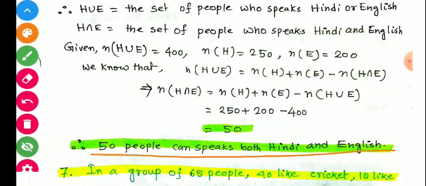So 50 people can speak both Hindi and English.